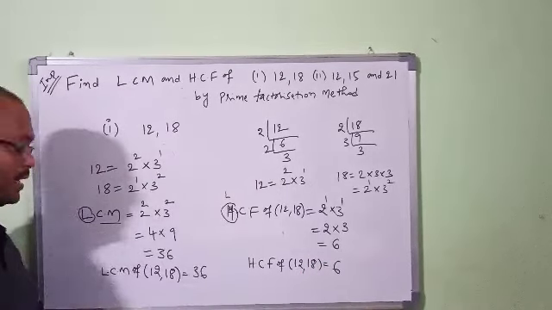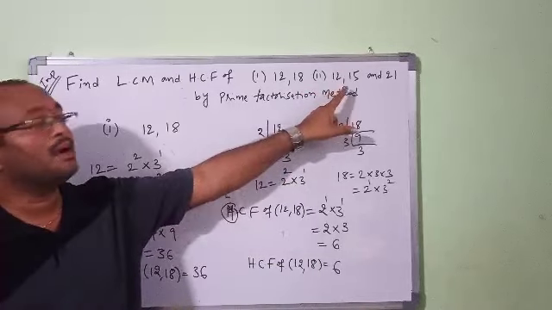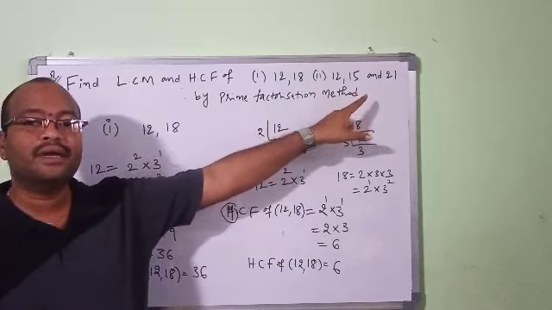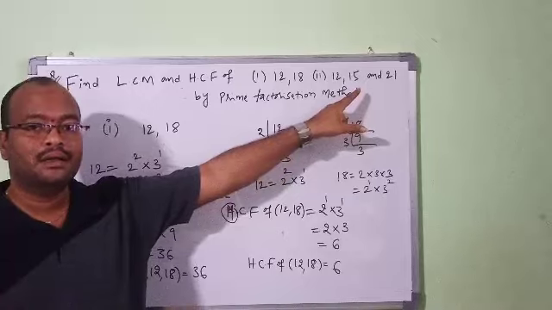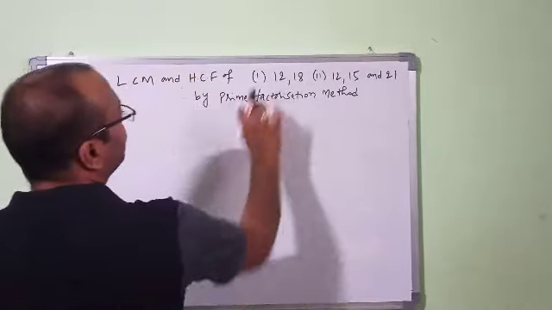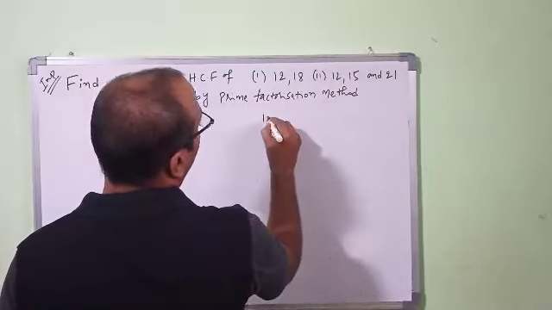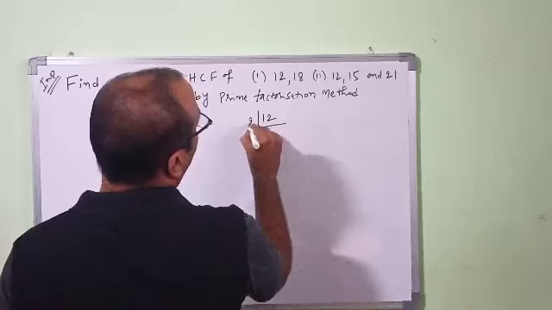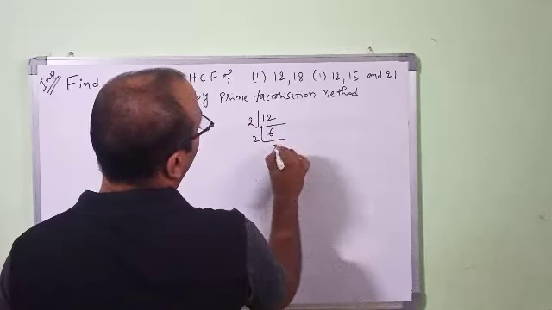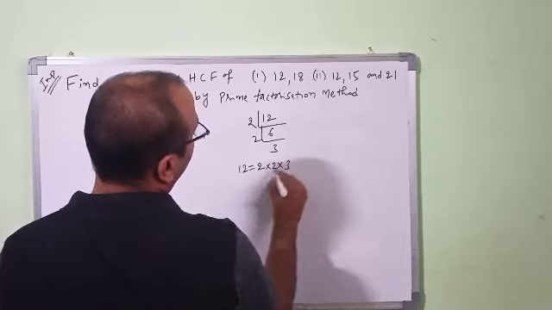In this manner, we will find the LCM and HCF. One more problem is there: 12, 15 and 21. How can we solve it? We will discuss now. In the second problem, 12, 15 and 21 are there. First, we will take 12. 2 sixes, 2 threes. 12 can be written as 2 into 2 into 3.